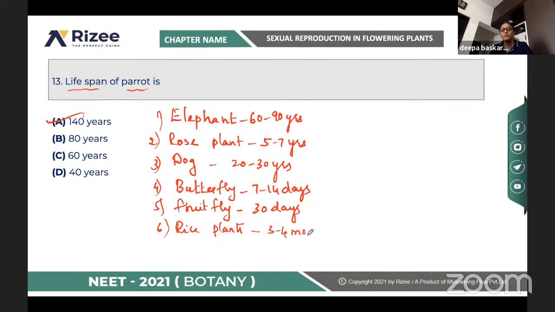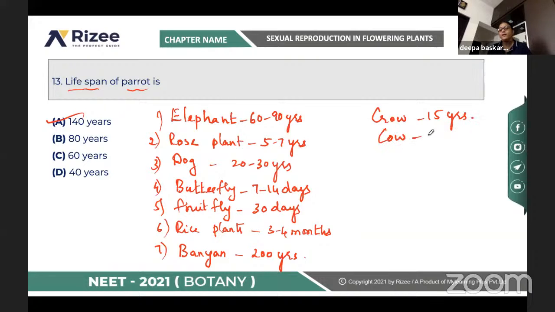Next one, banyan tree, up to 200 years. Crow has 15 years of lifespan, and cow 20 to 25 years.